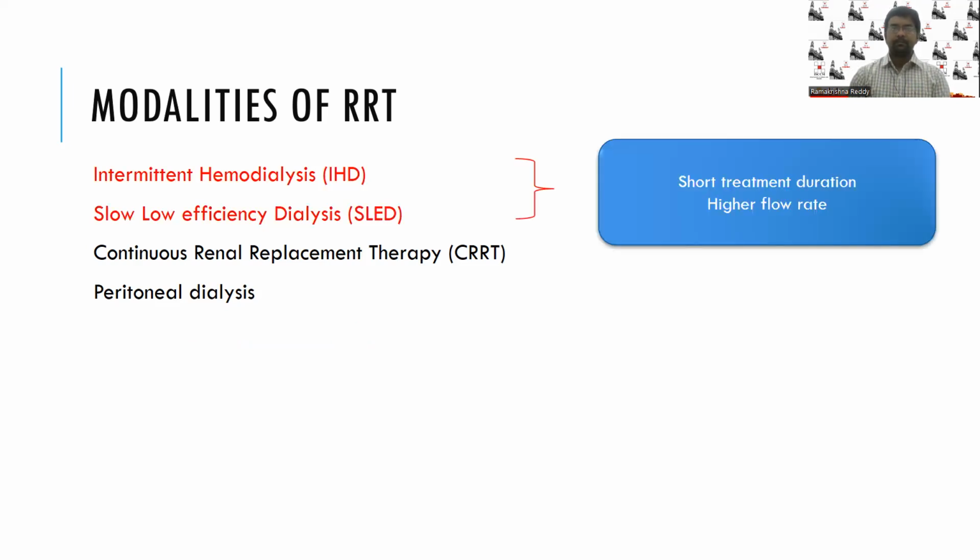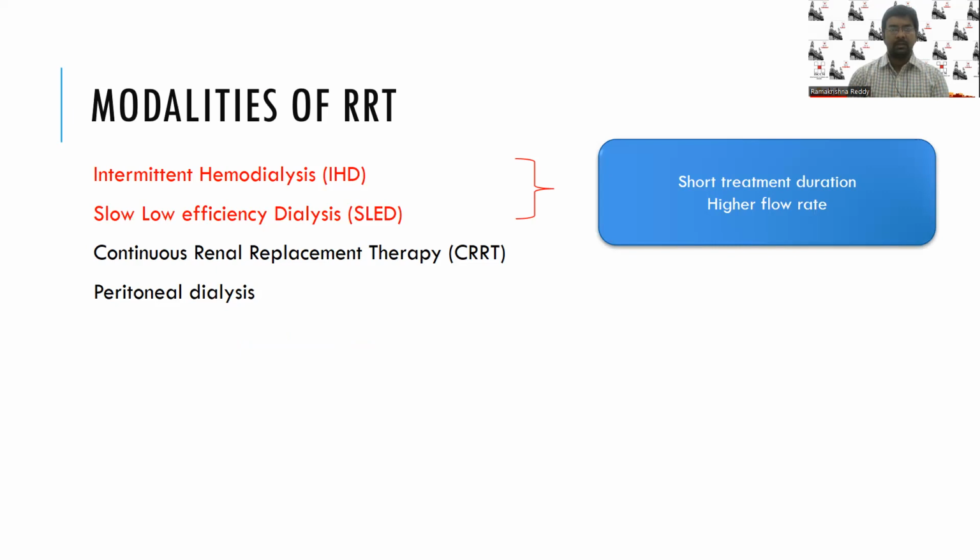Intermittent hemodialysis or low efficiency dialysis are of short treatment duration, and the blood flow rate in these techniques is usually high. So these techniques can be done most of the time without any anticoagulant, especially hemodialysis of 2 to 3 hour sessions.